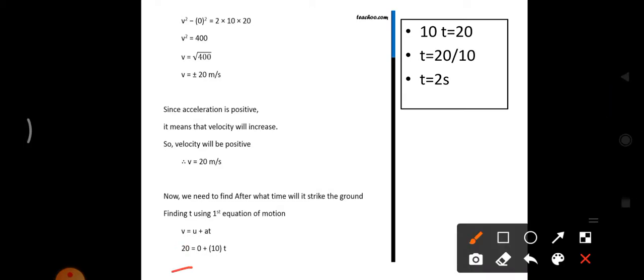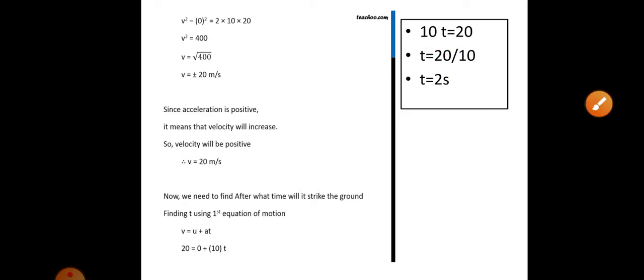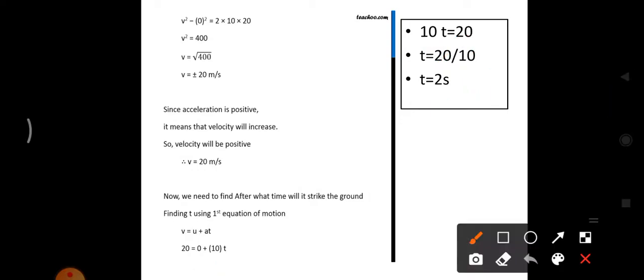So 20 equal to 10 into t, 10t. So t equal to 20 by 10. When we cancel, 1 tens are 10, 2 tens are 20. So t equal to 2 seconds. So when it reaches the ground, the velocity of the ball is 20 meter per second and it takes 2 seconds to reach 20 meter.